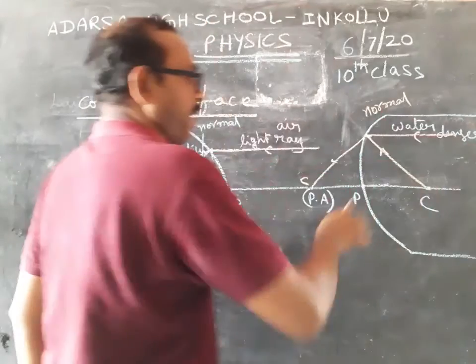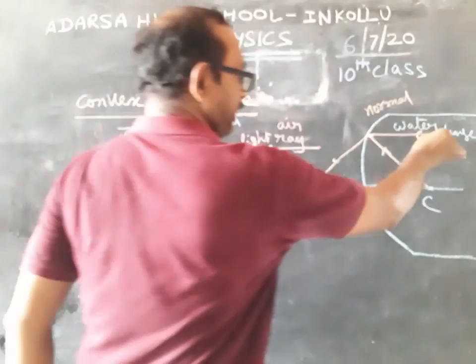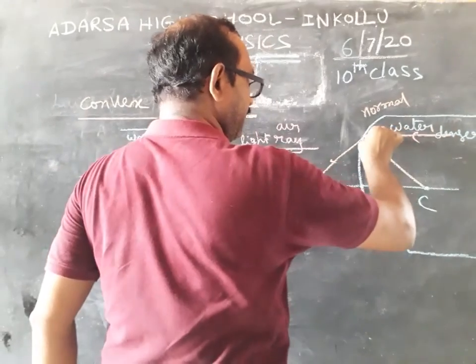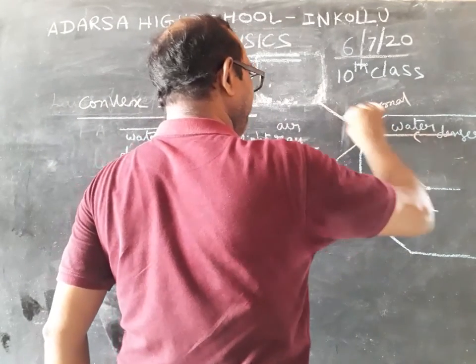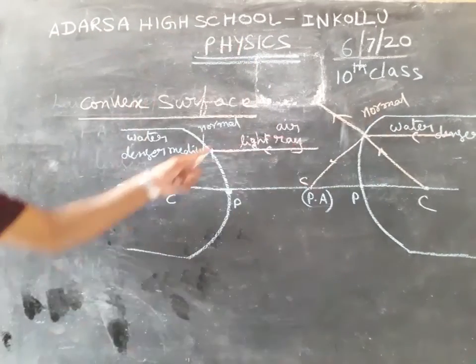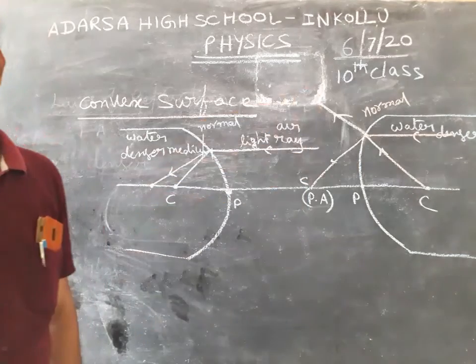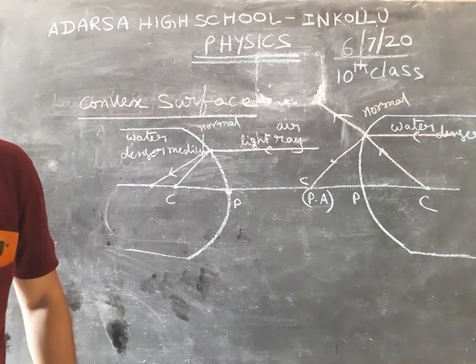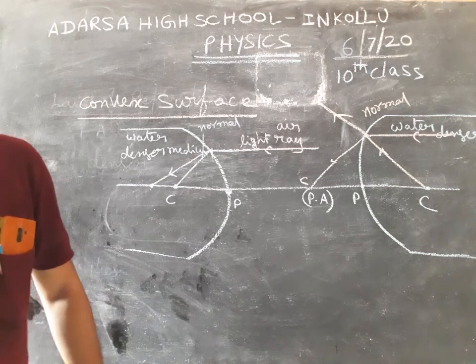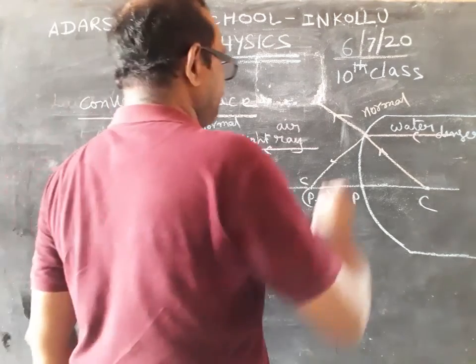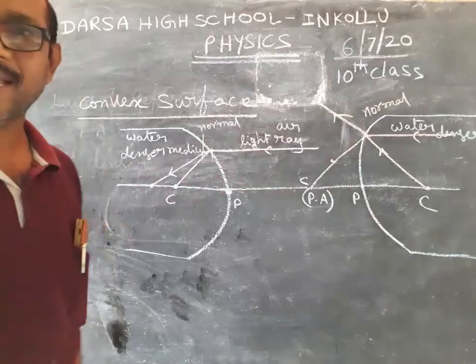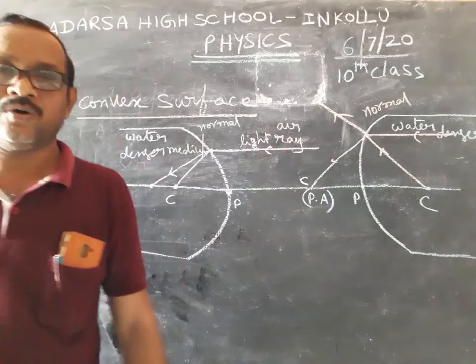Light ray passes from the denser medium to rarer medium, it is bent away from the normal. Here bent towards the normal. Here bent away from the normal. That is all. Have you understood? Okay. I will continue the lesson tomorrow.